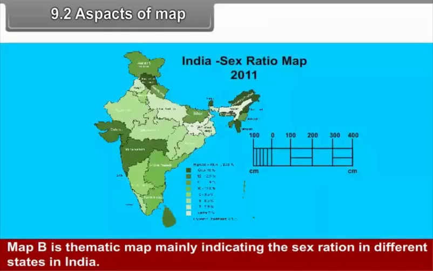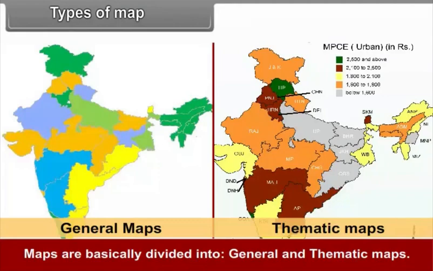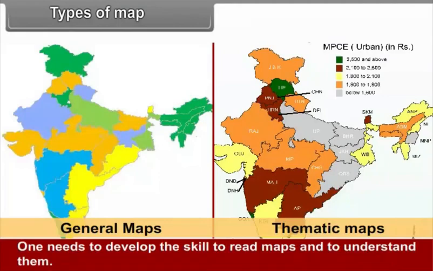Map B is a thematic map mainly indicating the sex ratio in different states in India. Maps are basically divided into general and thematic maps. One needs to develop the skill to read maps and to understand them.